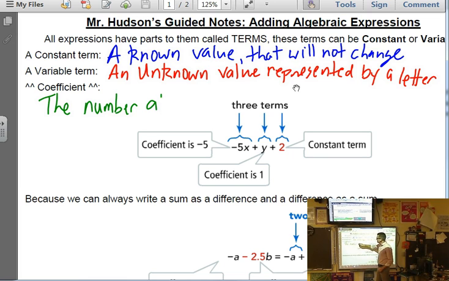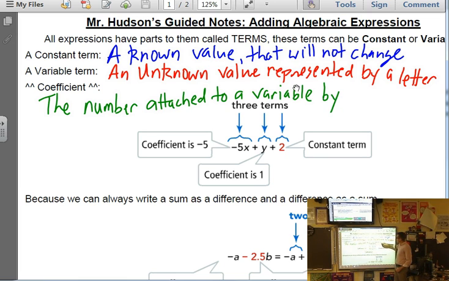A number attached to a variable by multiplication. And this can be a fraction. It can be a decimal. It can be a whole number. It doesn't matter. It can be negative. It can be positive. It's just the number attached to the variable by multiplication.